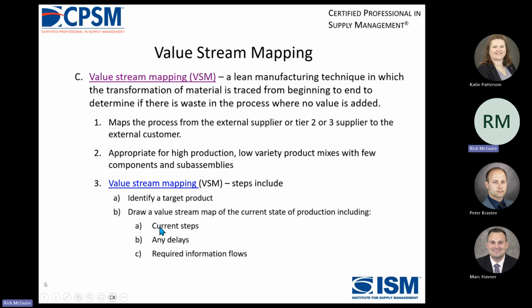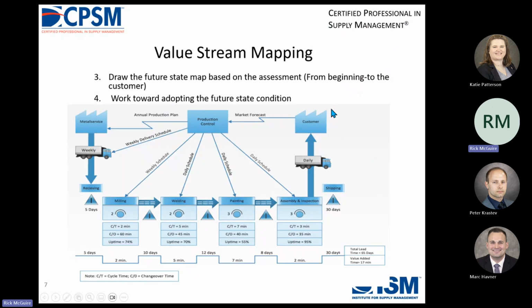Things like identify a target product, draw a value stream map. I'll show you one. Current steps, any delays, required information flows. And then you do a future state map. So here's a value stream map. You've got lead times down here. CT is cycle time.